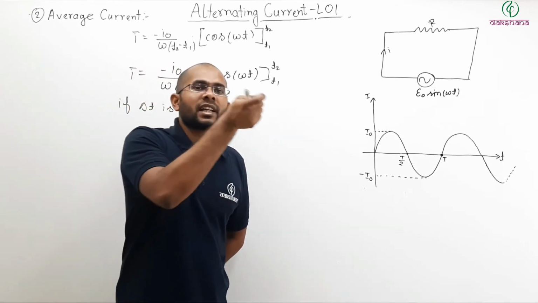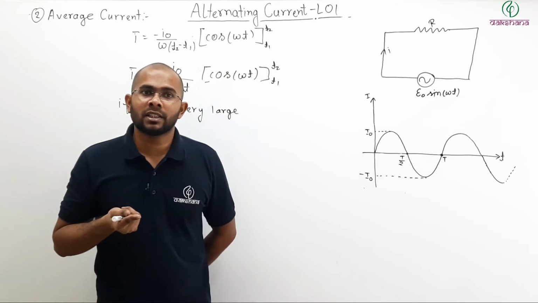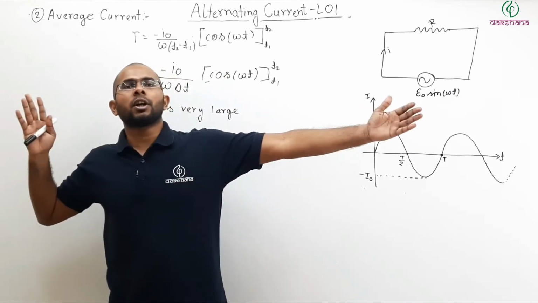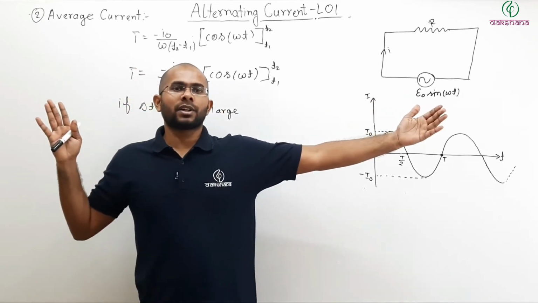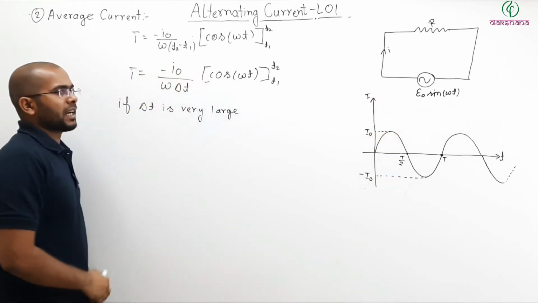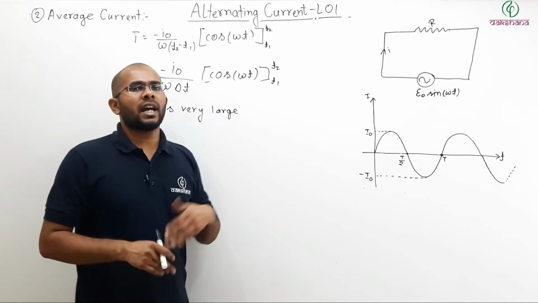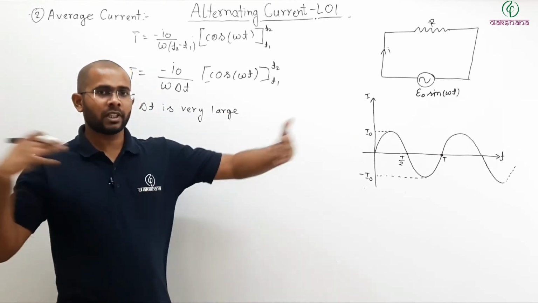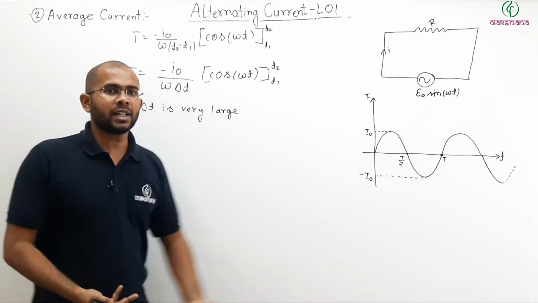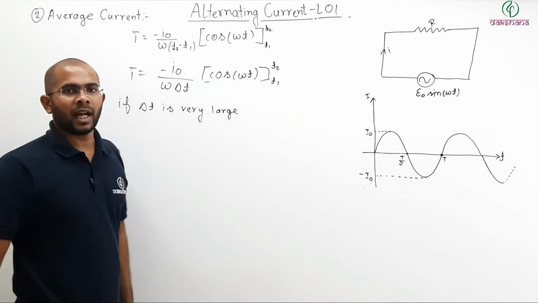So if the numerator cannot exceed I naught and the denominator can keep on increasing, the larger the time period, the larger is your denominator. If I take, let us suppose, the average current from 0 seconds to 2 hours, that is a very long period of time, but the numerator can never exceed I naught.